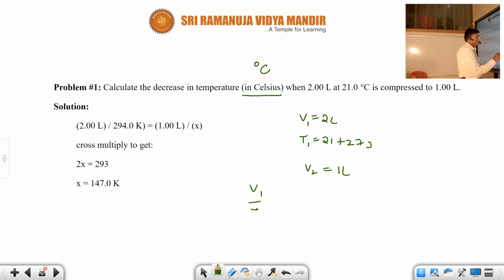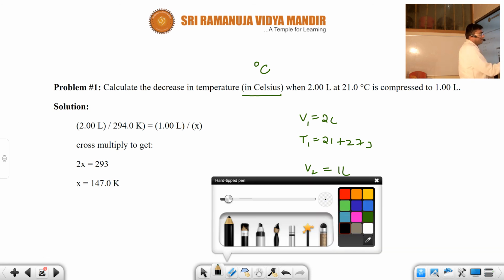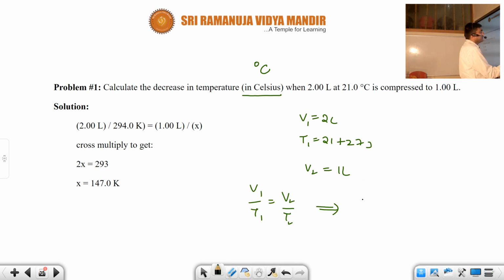So V1 by T1 is equal to V2 by T2. Naturally you can substitute these values. V1 by V2 is equal to T1 by T2. So 2 by 1 is equal to T1 by T2. T1 is 273 plus 21, which is nothing but 294. So 294 by T2. Find out the T2 value.